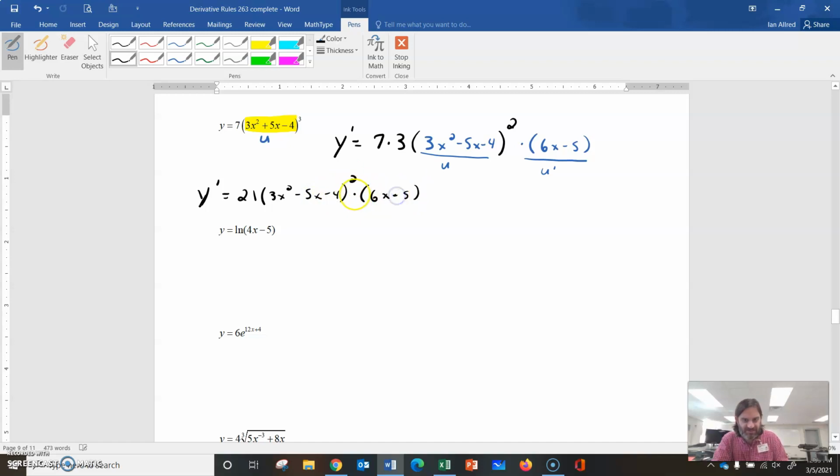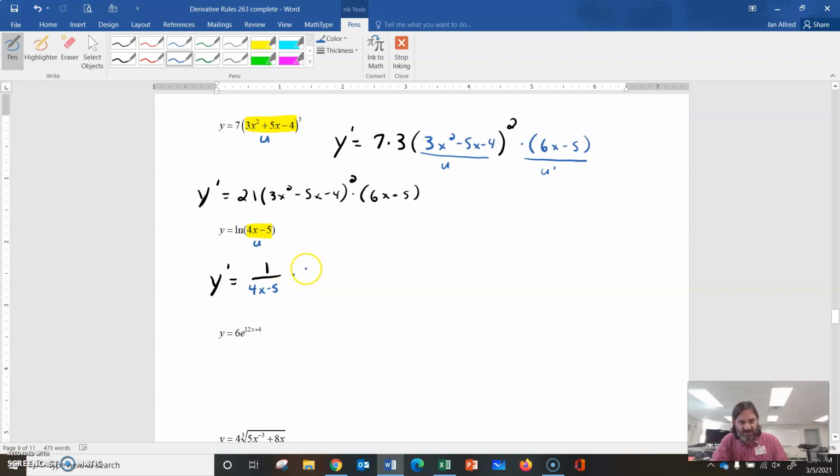And you can check that against what we did earlier with the composite functions. The next one, natural log of 4x minus 5. So the 4x minus 5 is the u, because we know how to take the derivative of natural log. So let's just jump right in here. Y prime will be, the derivative of natural log is 1 over x, but we're going to call it 1 over u, so that u is 4x minus 5. Every time I label a u here, you should be able to go back and see that that was the g in the other version.